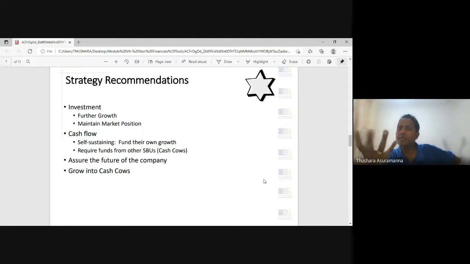But this is the BCG matrix. It tries to understand the product or service mix in the firm in terms of market growth and market share. So star is one of the product quadrants categorized, and the investment and cash flows are in this way.